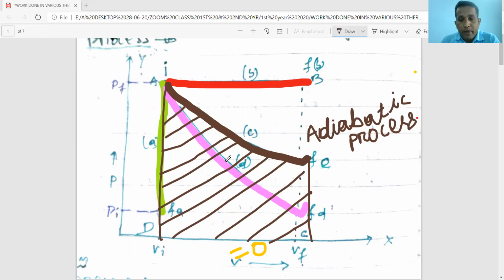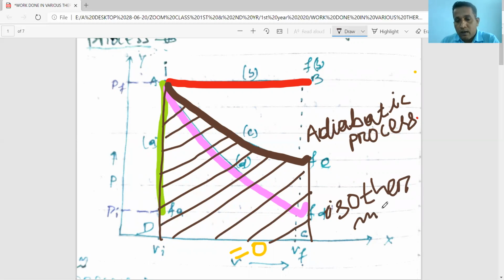And if we compare, which one will be more? Pink color is isothermal process, and this gray color is adiabatic process. So comparing adiabatic and isothermal process, we can see maximum work is done in case of adiabatic process.